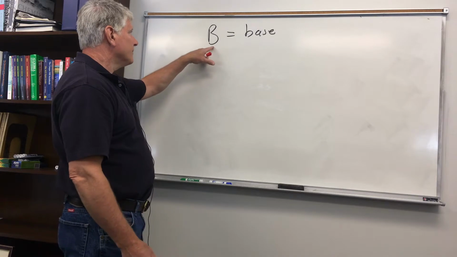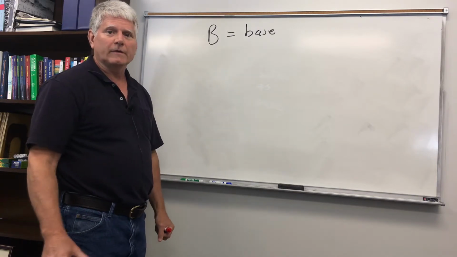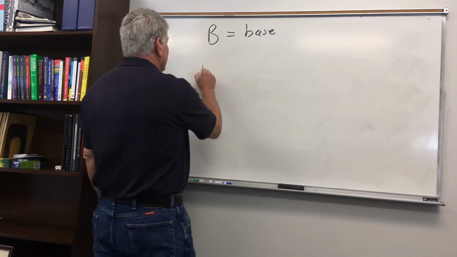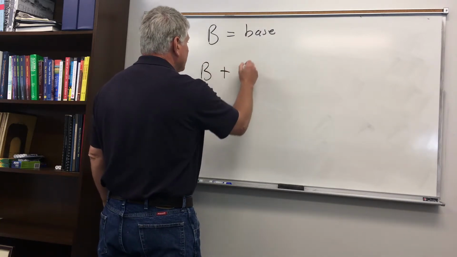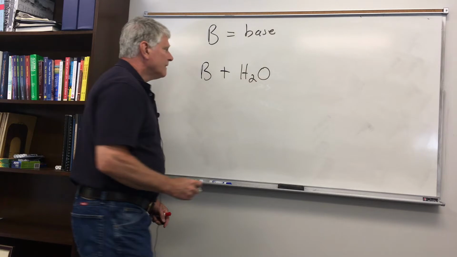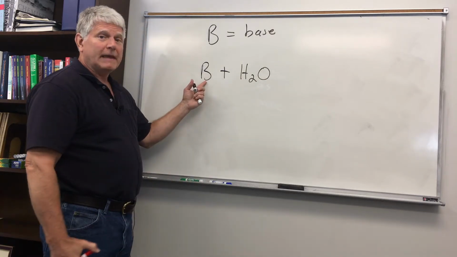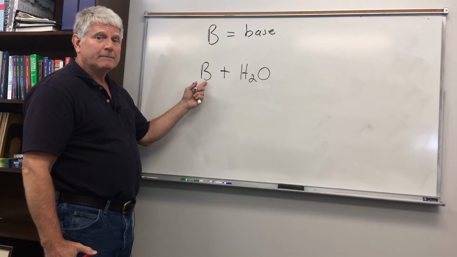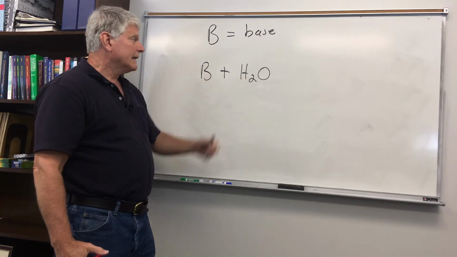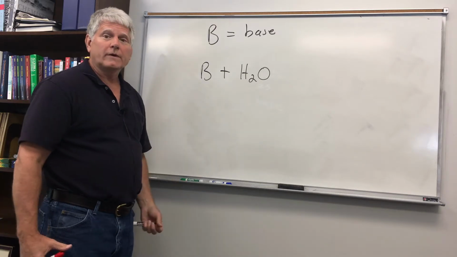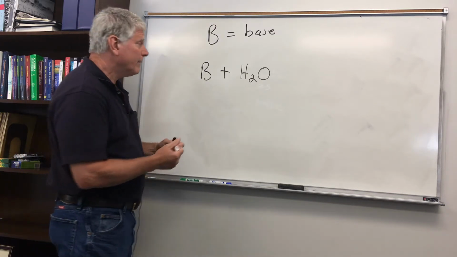But I'm just going to represent it B just so I don't have to write a lot of atoms and their molecular formulas. So we have a B base, and we put the base in water. So now B as a base is a proton acceptor. So it can accept a proton from water. Water can act as an acid or a base.